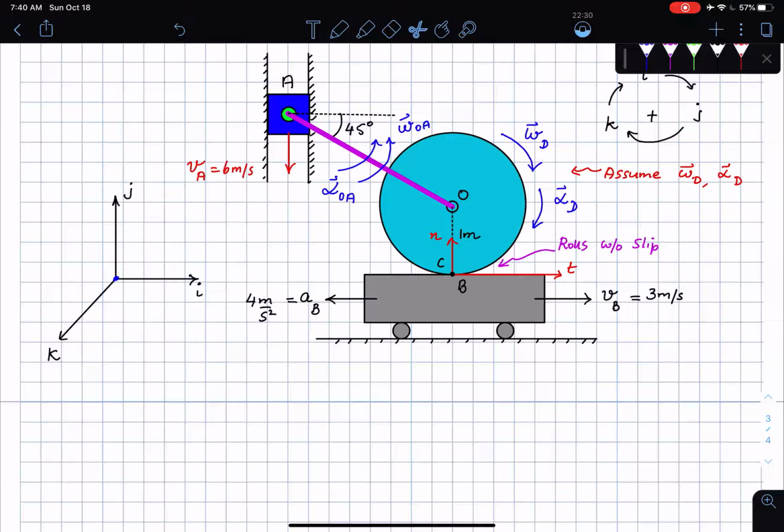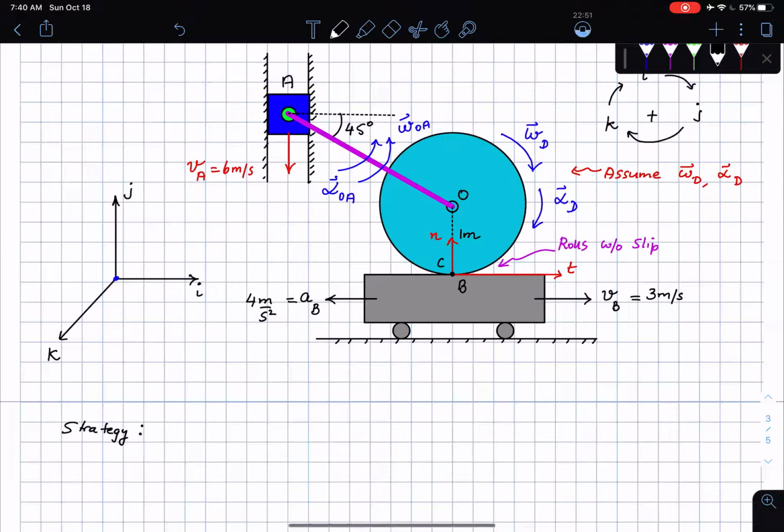Here is what I typically think. Can I find a common point on two rigid bodies here? Of course I can, right? This point O is a point on the disk. The point O is also a point on the bar OA. So that's something to be looking out for.